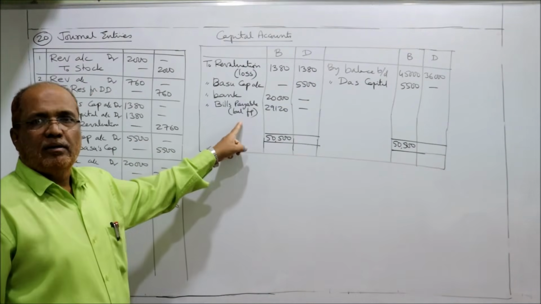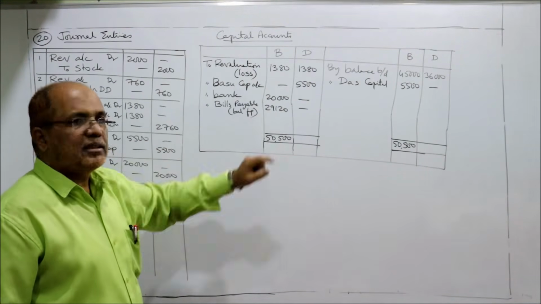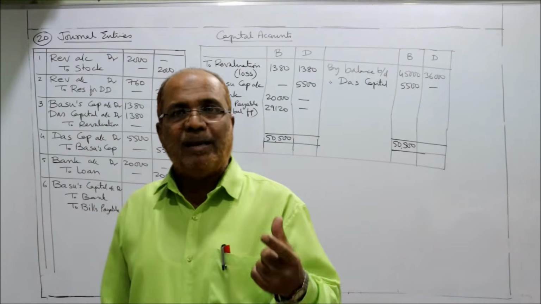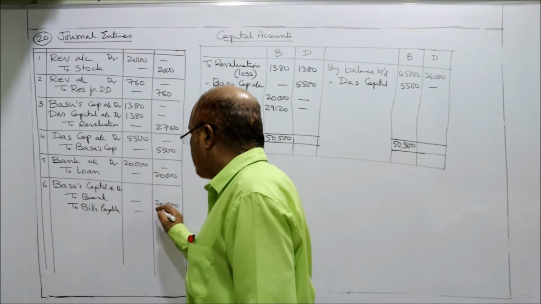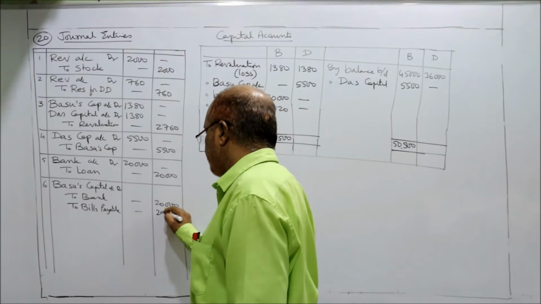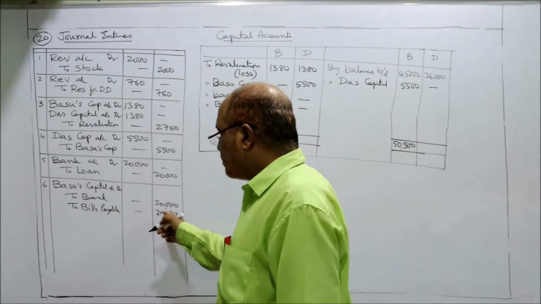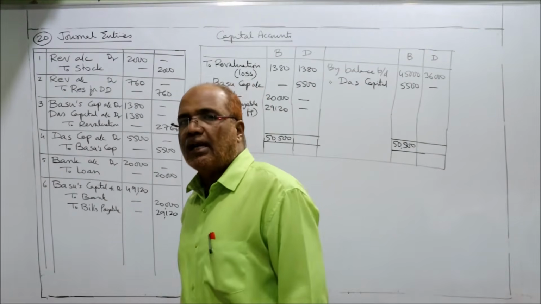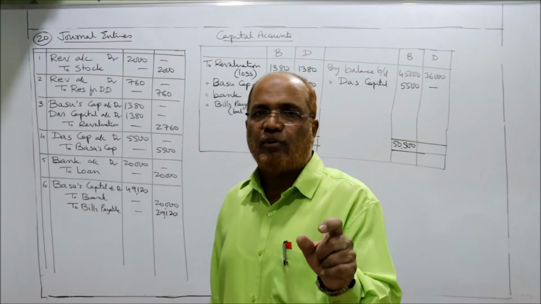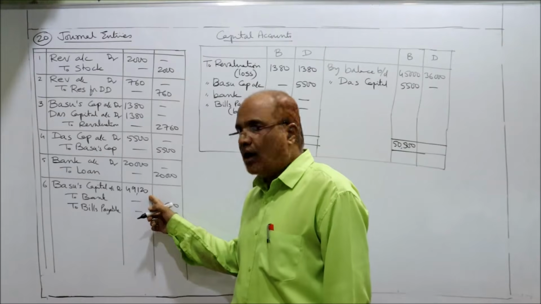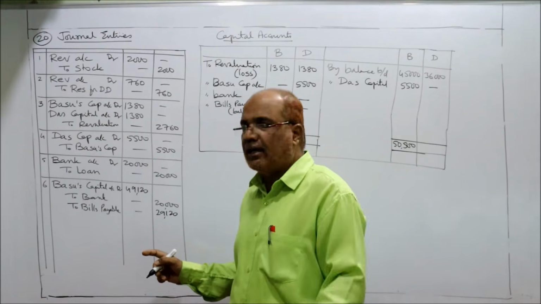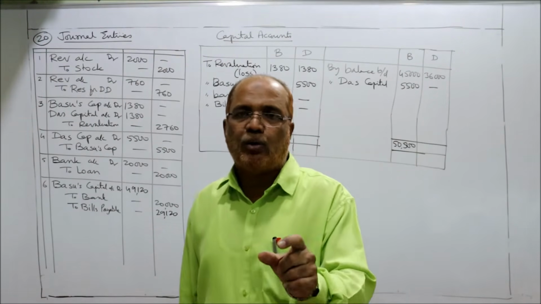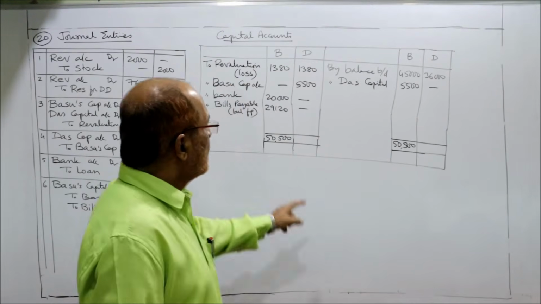Bills payable. अब जब पेमेंट दे रहे हैं 29,120 का बिल्स पेएबल के लिए, बिल एक्सेप्ट किए हैं, तो यहां पर बिल्स पेएबल 29,120 और ये दोनों को जब ऐड कर देंगे तो 49,120. Total amount due to Basu at the time of retirement was 49,120, out of which 20,000 is paid immediately and remaining 29,120 bills payable.